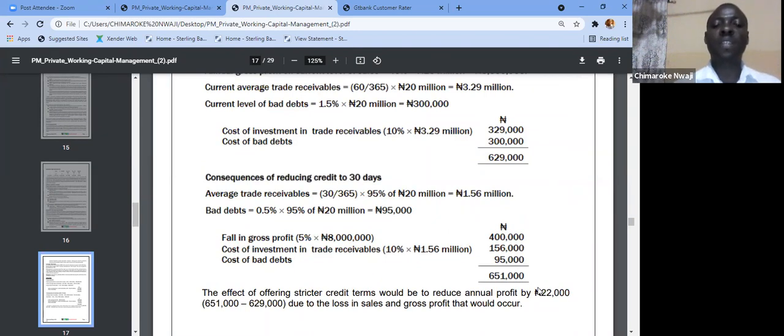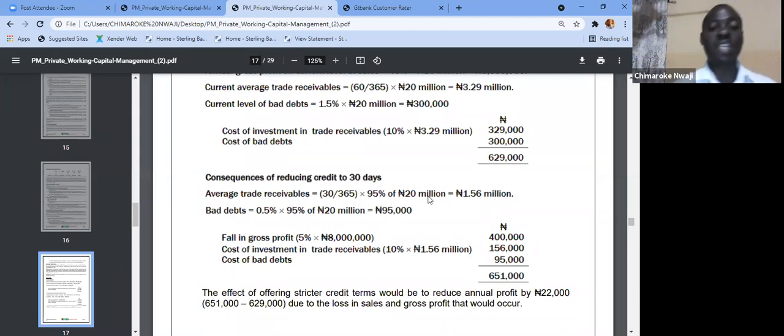That's not all. Now, when you reduce the credit to 30 days, now what's happening here is that your average trade receivables will be 30 days out of 365 days. But you see here that instead of 20 million you are selling, your sales would have fallen by 5%. So you are selling 95% of 20 million.